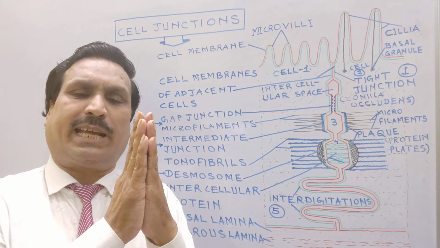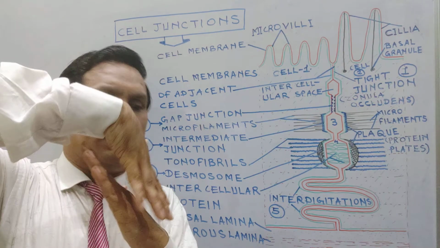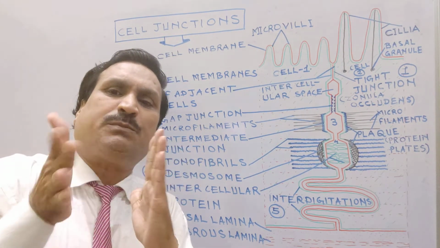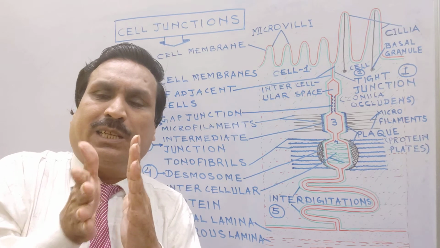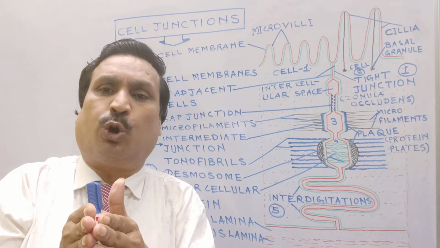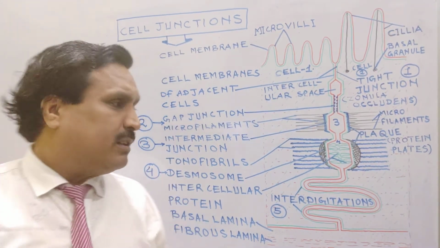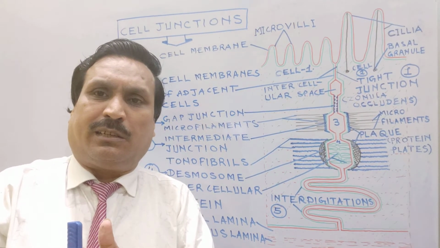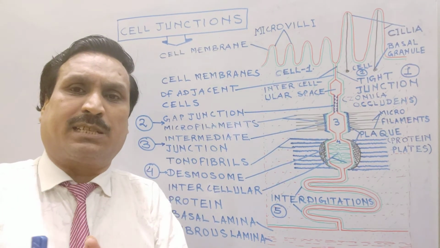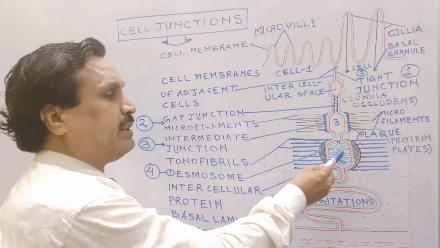If a button-like or plate-like structure ties from both sides of the two cloths, that tying with the help of a button is equivalent to this desmosome.